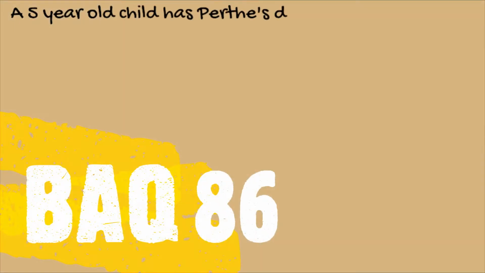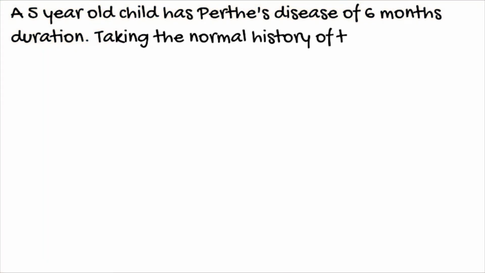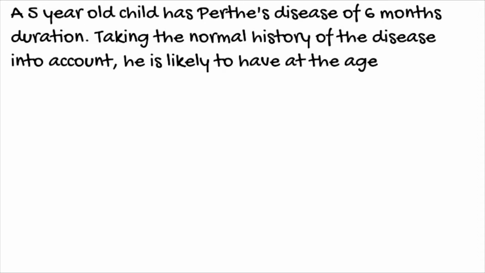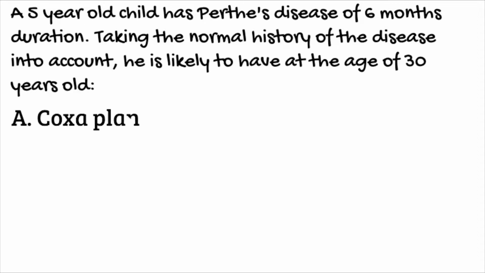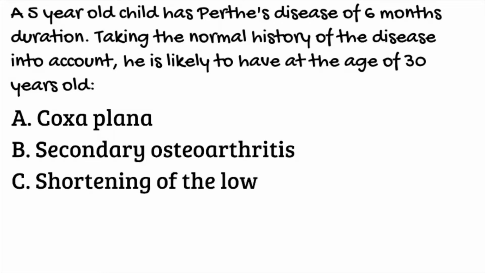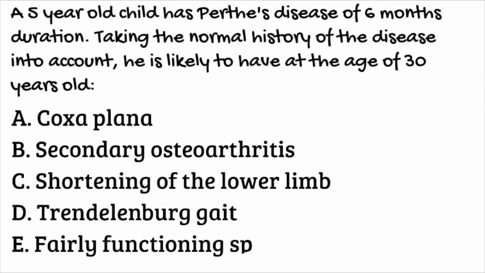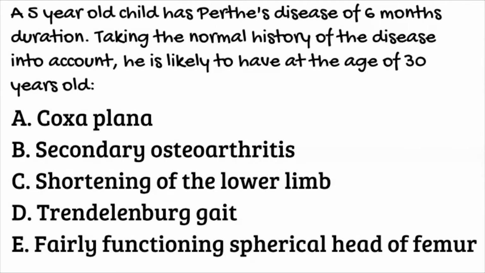A 5-year-old child has Perthes disease of 6-month duration. Taking the natural history of the disease into account, he is likely to have at the age of 30 years: A. Coxa plana, B. Secondary osteoarthritis, C. Shortening of the lower limb, D. Trendelenburg gait, E. Fairly functioning spherical head of femur.